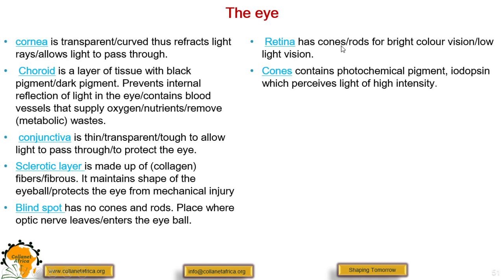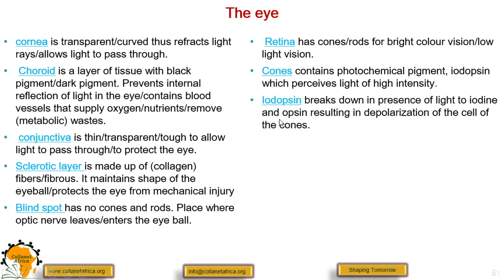Because the retina has cones, and these cones contain photochemical pigment or color called iodopsin. This iodopsin receives light of high intensity, of high strength. This iodopsin breaks down in presence of light to iodine and opsin components, resulting in depolarization of the cells of the cones.